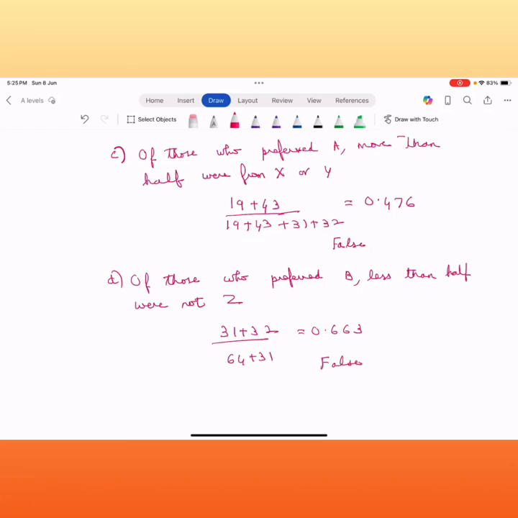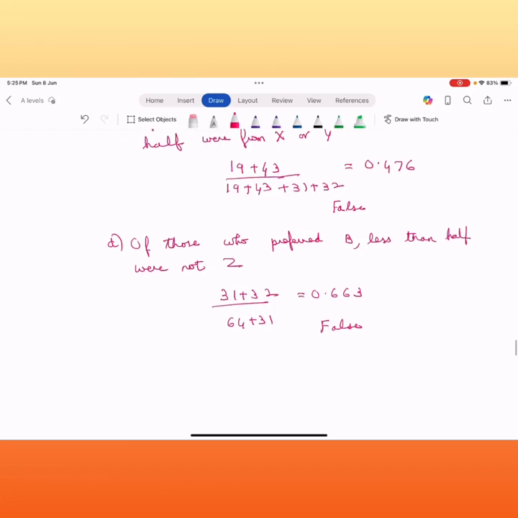So basically all that we are doing is constructing the relative frequencies.